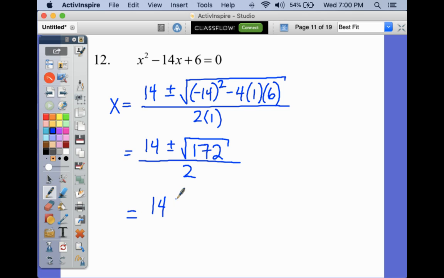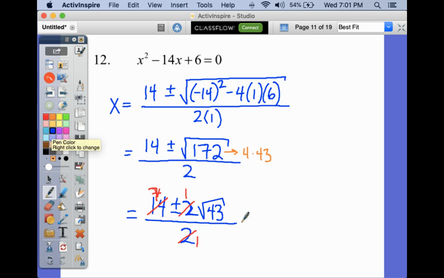So I have 14 plus or minus, 172 is 4 times 43, so that's going to be 2 square root of 43. I apologize, the board is glitching, so the pen's not writing very smoothly. And then we're going to reduce, divide by 2. Oh boy, that should be 7. Divide by 2, divide by 2. So we're going to end up with an answer of 7 plus or minus square root 43.